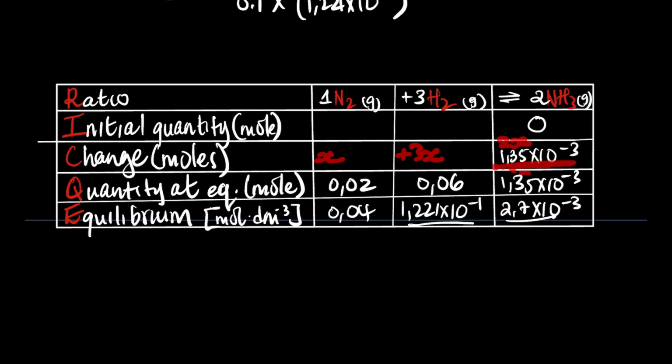So I'll divide this by 2 and I'll get an x. I hope that makes sense, guys. Since there's 1 here, it's going to be 1x, since there's 3, it's going to be 3x, and since there's 2, it's going to be 2x. But now 2x is equal to this, so I'll divide this by 2 to get an x.